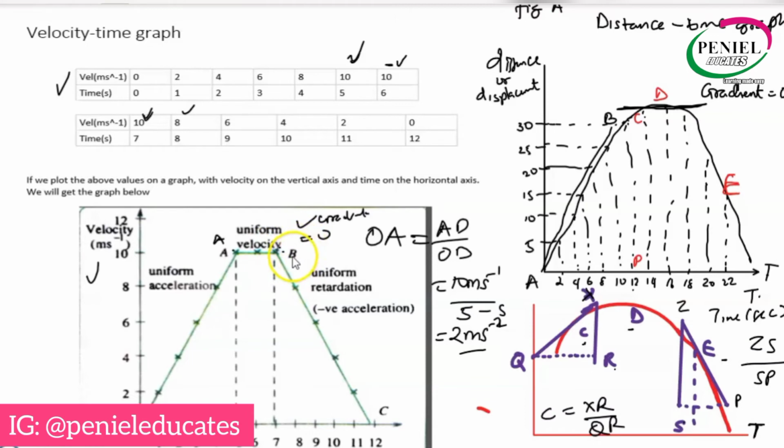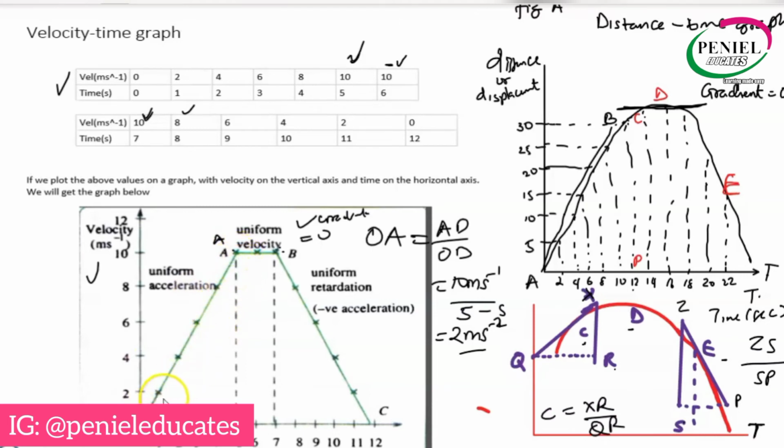So uniform acceleration is defined as the motion of an object whose velocity increases by equal amounts in equal time intervals, however small the time interval may be.